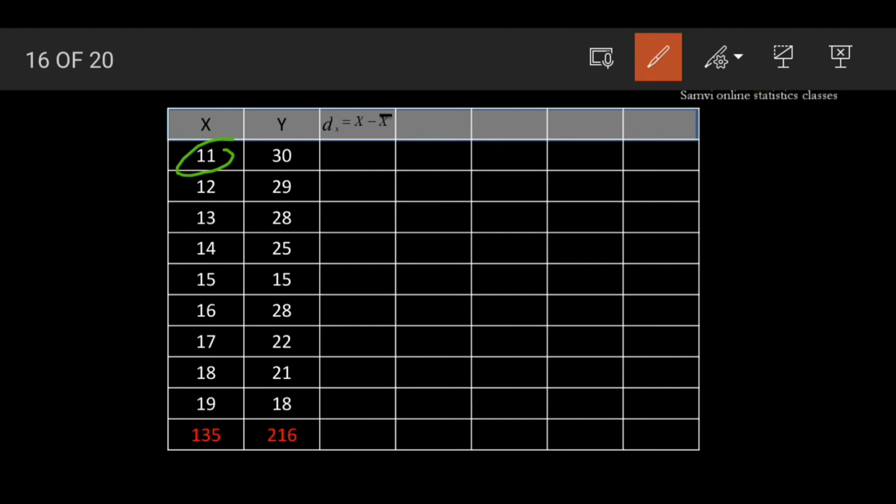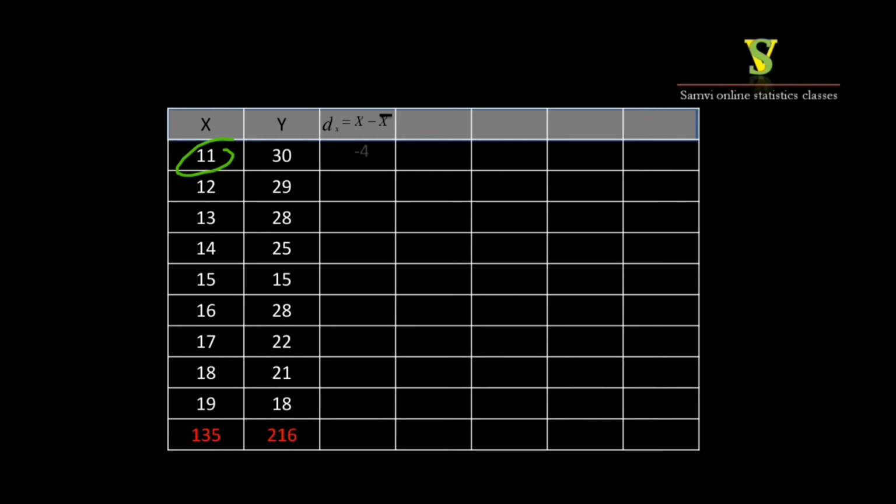So 11 minus 15 is minus 4. 12 minus 15 is minus 3. 13 minus 15 is minus 2. 14 minus 15 is minus 1. 15 minus 15 is 0. 16 minus 15 is 1. 17 minus 15 is 2. 18 minus 15 is 3. 19 minus 15 is 4. If I take the total, that is exactly 0.